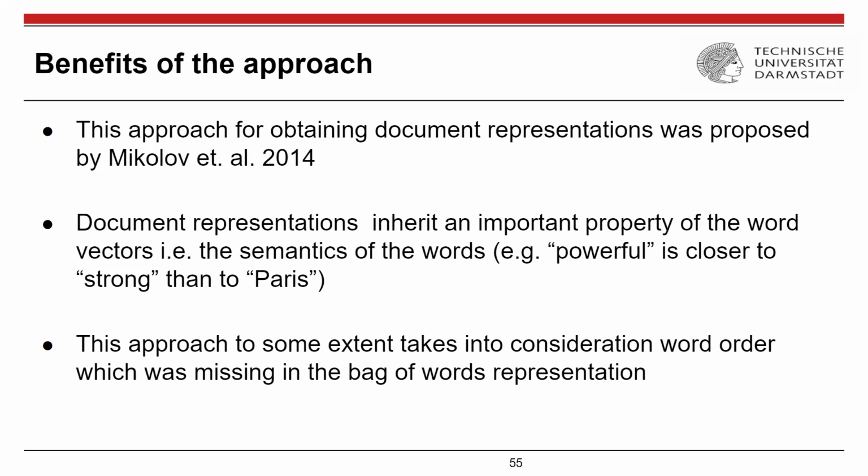Sentences that mean similar things will be close in space, while sentences that mean very different things will be distant in space. So the meaning of the sentences is preserved to some extent by this approach.